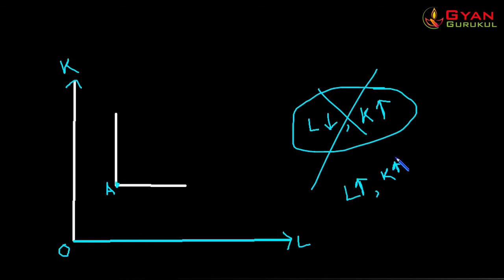That is why, when the producer was producing at these points, say K1 and L1, moving from any of these points would do no better for him, because you cannot substitute one factor for another.